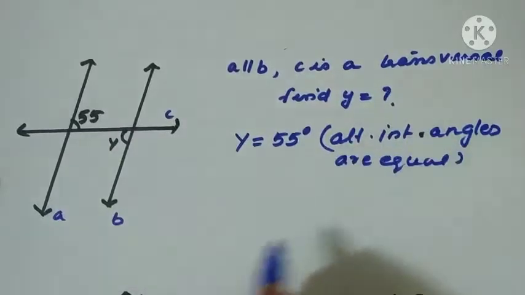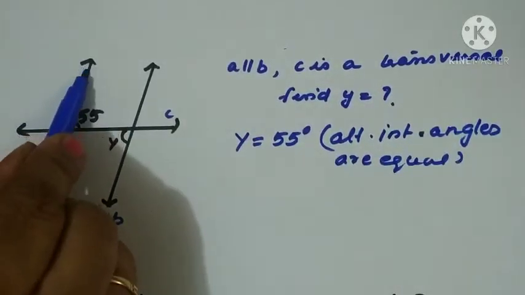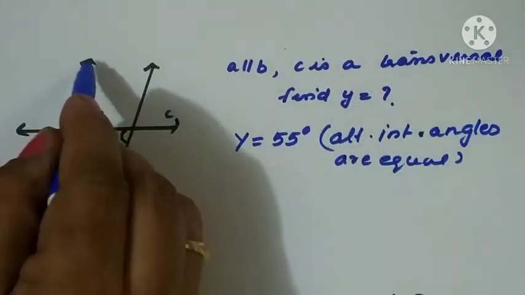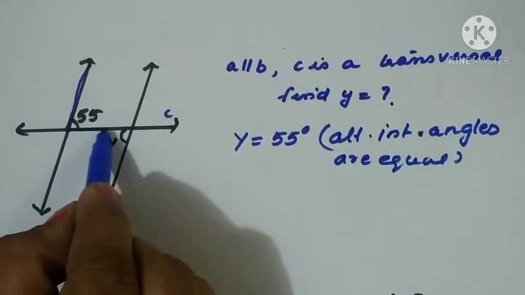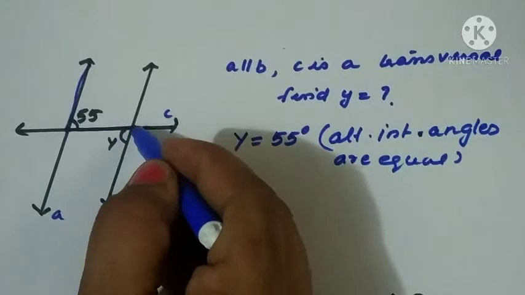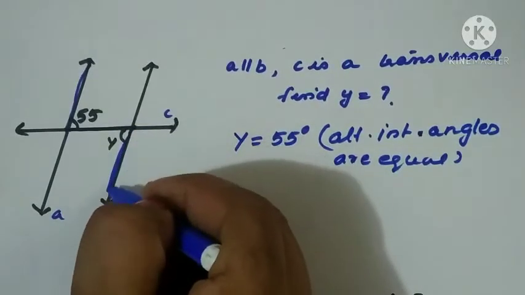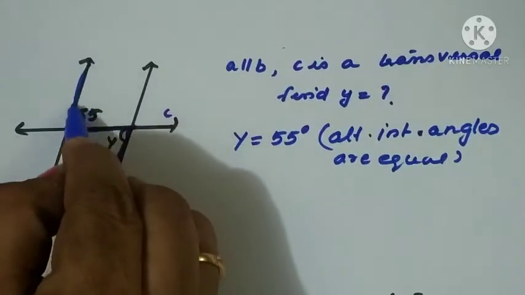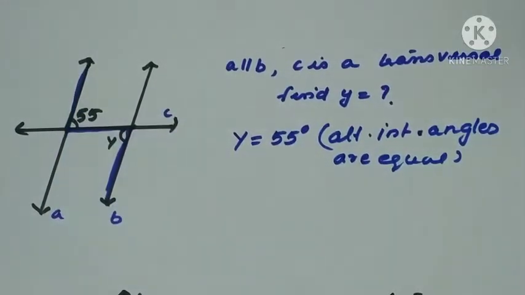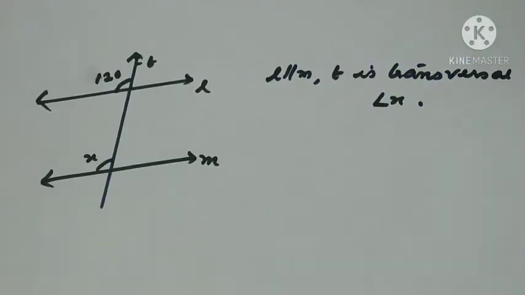If anybody has a doubt, you can go for the idea of Z. So 55 degrees starting from here, then the common arm, and Y is the other arm. If you go for this idea, it is similar to the shape Z. So what is the value of Y? Y equal to 55.